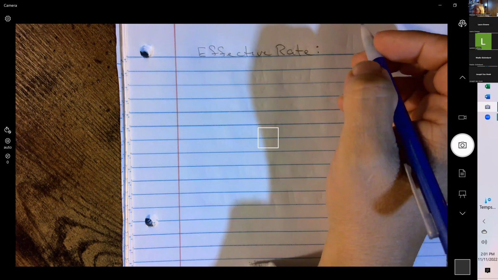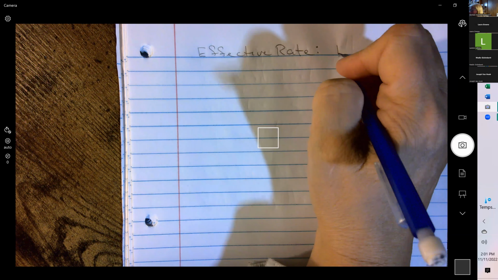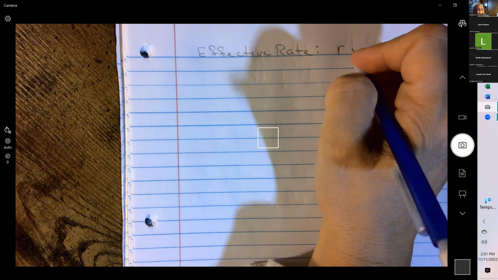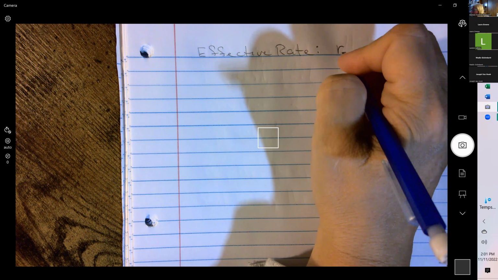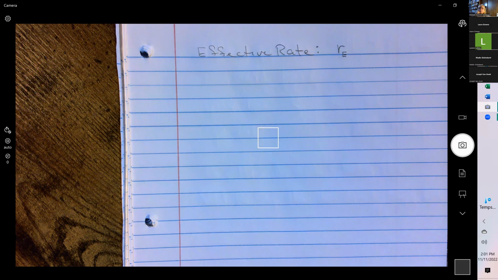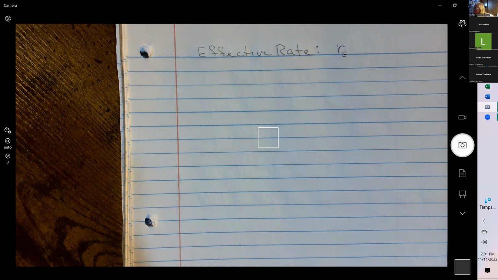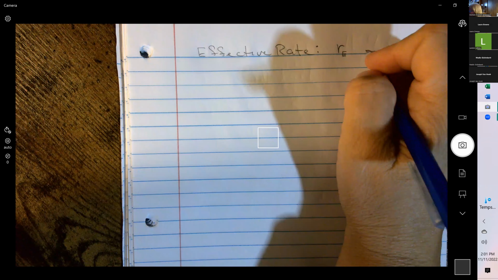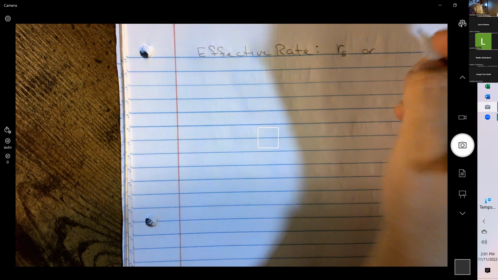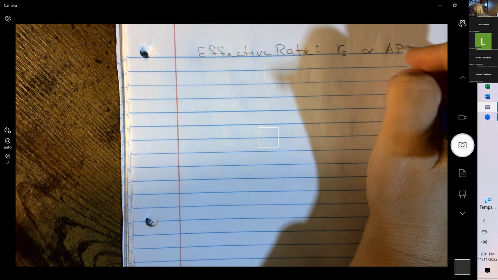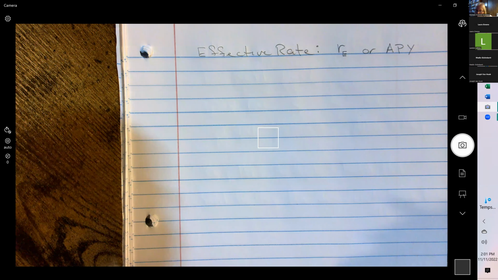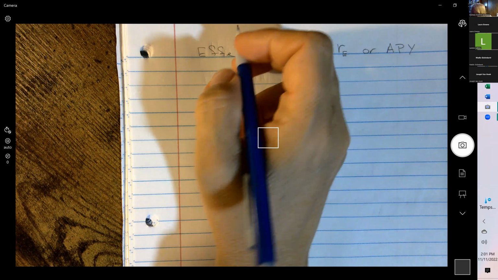Effective rate, most books use this for effective rate. It's also called APY, which is annual percentage yield.